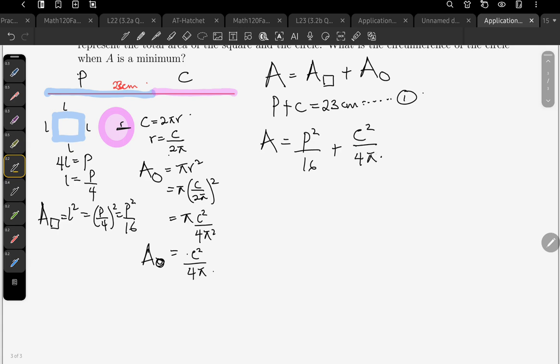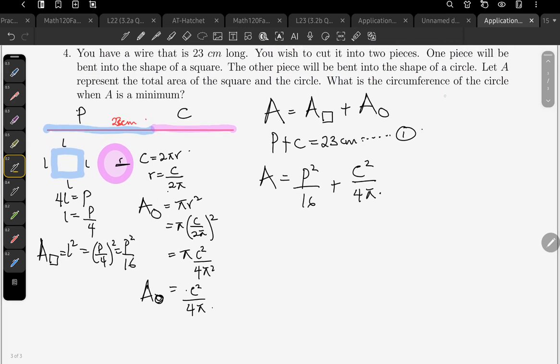For it to look like what we are familiar with, we know the quadratic expression is supposed to look like this: ax squared plus bx plus c. In this case, we have two variables, p and c. To make it just one variable, the variable we are interested in is the circumference, we need to make everything in terms of c.